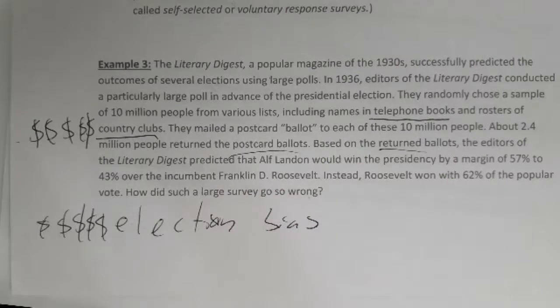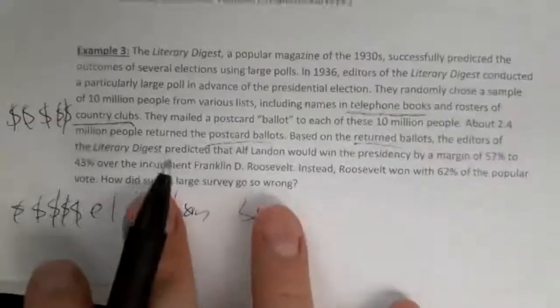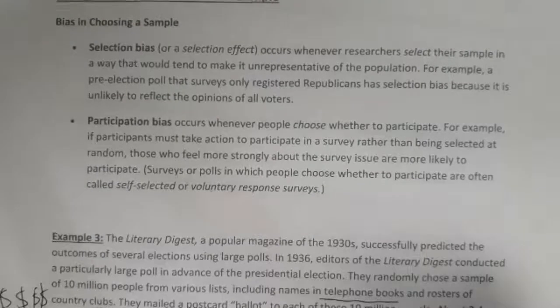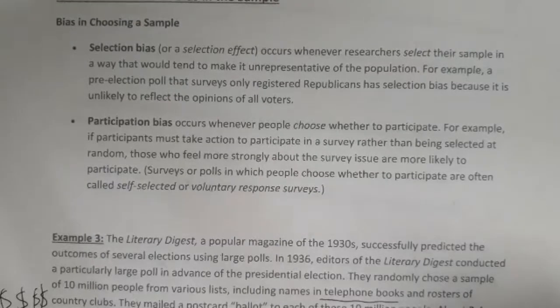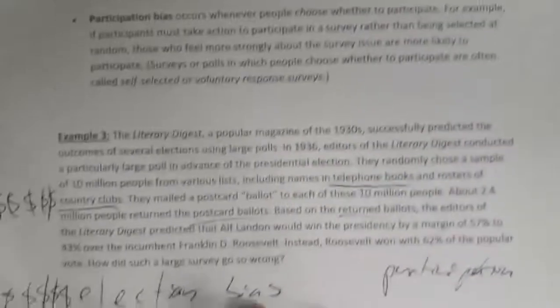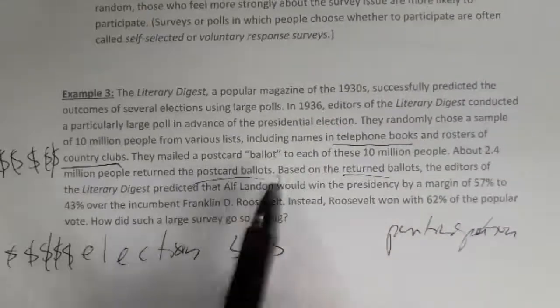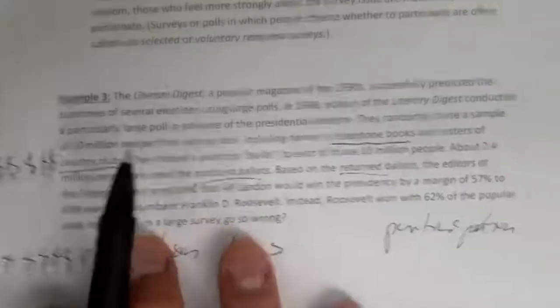Like if I get something in the mail that's politically related, it's probably going right in the recycling bin, right? So I'm not going to answer a survey. I'm too busy for this stuff. So they're not going to get people like me. So they have selection bias and they have participation bias, right? And the keyword in the participation bias is that we're getting postcards and return ballots.